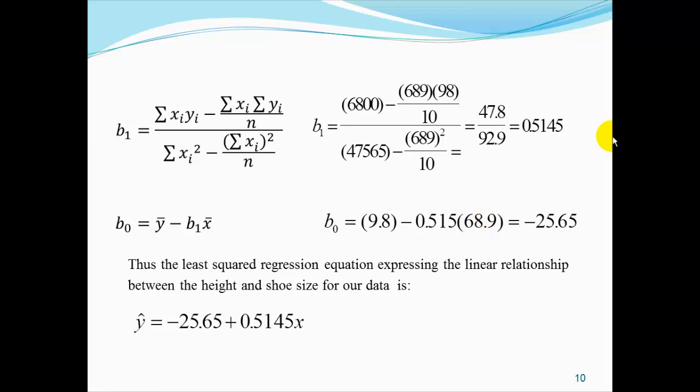Therefore, plugging our B0 value into our regression equation, which recall is y hat equals B0, which for us is negative 25.65, plus B1, which we computed to be 0.5145, or we could have rounded this to 0.515 like we did above, times x.